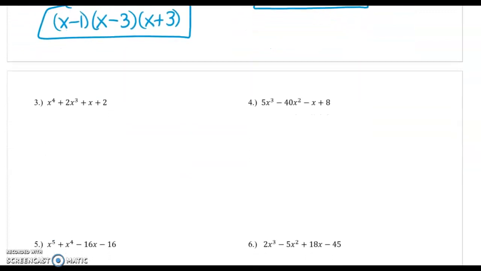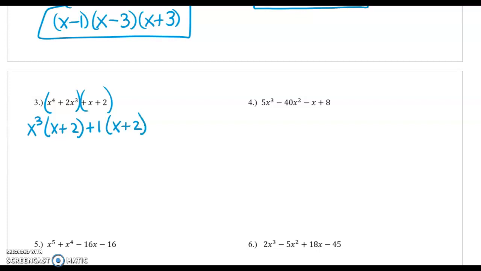All right, so going on to number 3 here. Again, we're going to take these and group them. The first set, we're going to take out an x cubed, and then we're going to have x plus 2 left over. Here, we don't have a GCF except for 1, so you are going to take out that 1. So you're going to do plus 1, and that would just still leave you with the x plus 2.